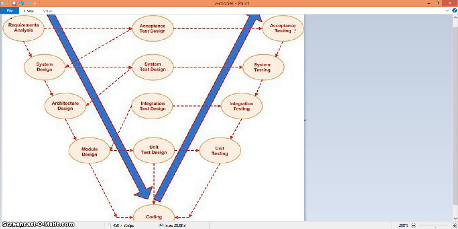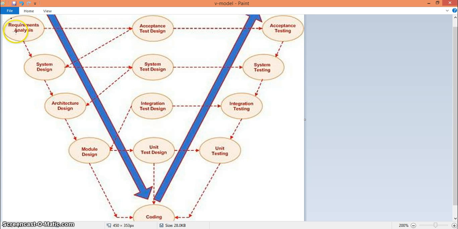So it is not possible that you start testing after coding is done and then you figure out defects, and suppose after coding in your testing phase you find out defects which are related to say requirements or system design. The cost to fix such a defect is going to be very high. So if you see this model, for each and every phase you have a test designing happening.